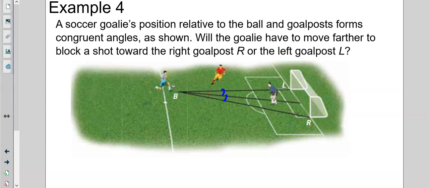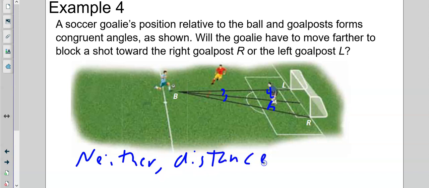Well, since we know this is a bisector and he's standing there on the bisector, that means this distance and this distance are the same. I don't know why I made it look like a 4, but you know what I'm getting at, okay? In other words, he is in the middle. So neither one, the distance is the same.